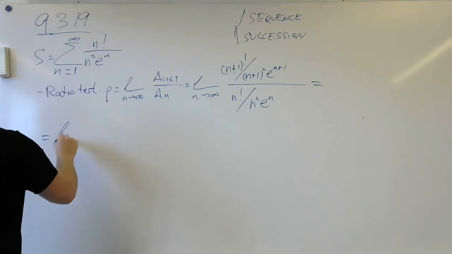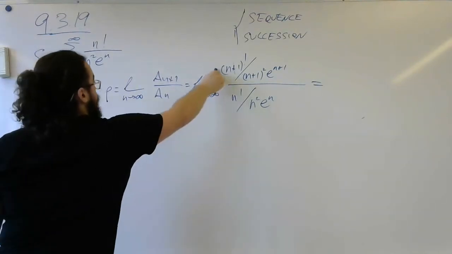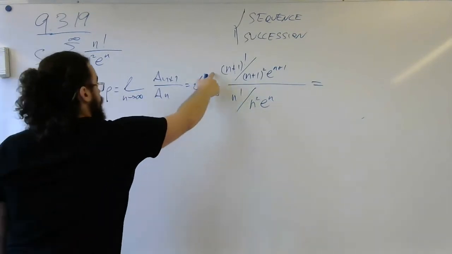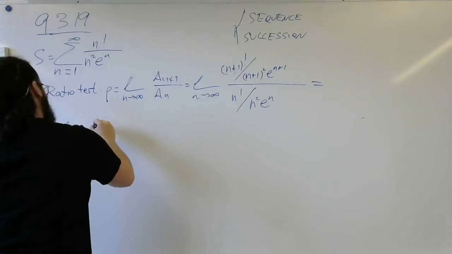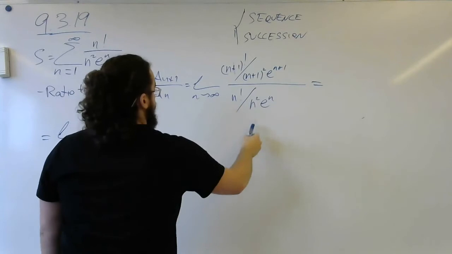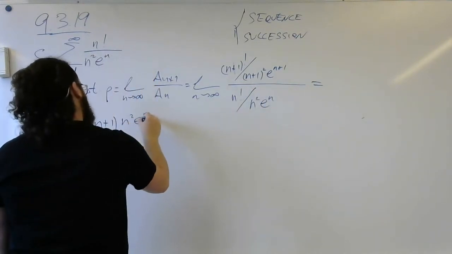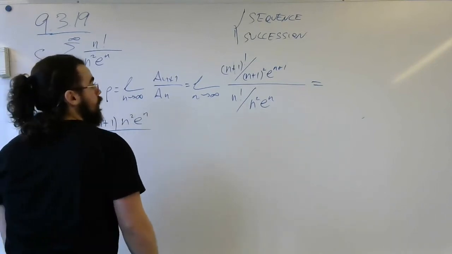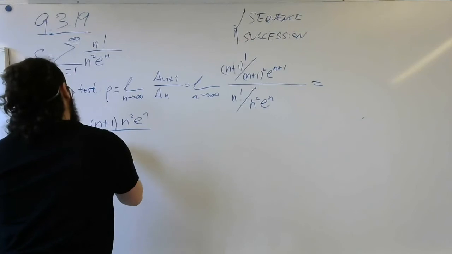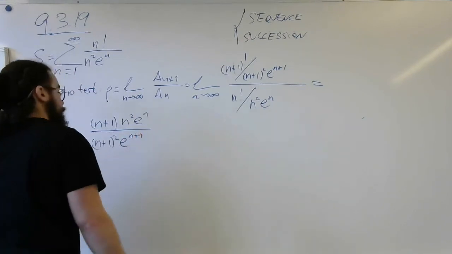You may get surprised with this one. So that quotient is no other than n plus 1. And now this thing becomes the denominator, this thing becomes the numerator, and n squared in power n over n plus 1 squared in power n plus 1.